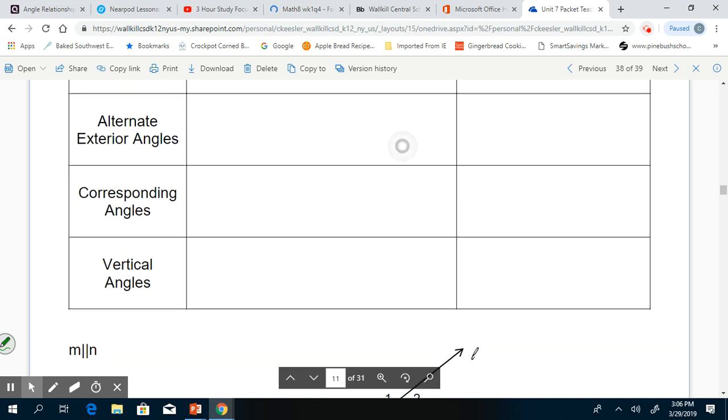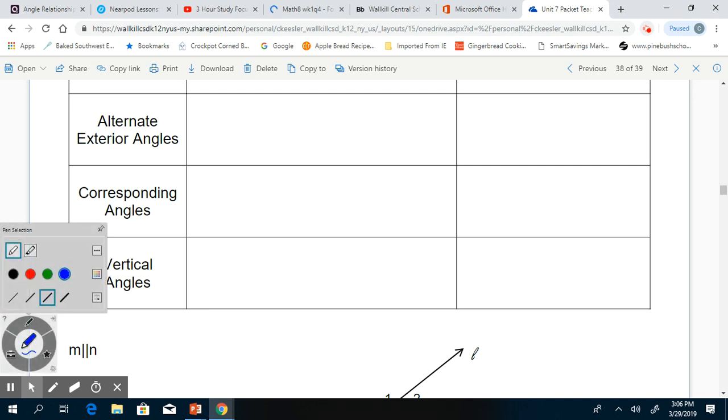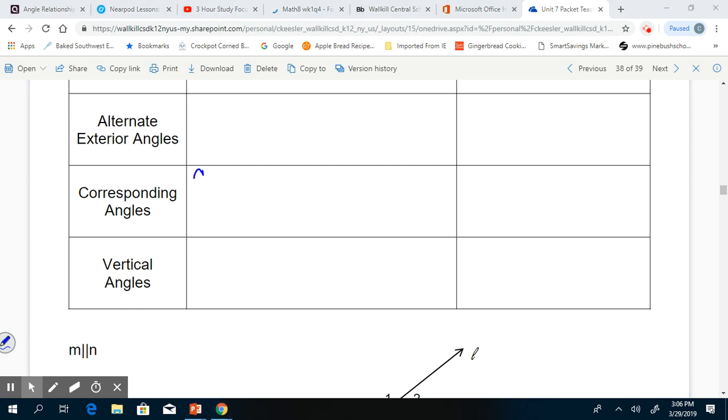We have corresponding angles. So again, corresponding angles are congruent angles in corresponding positions. So think of the same position.